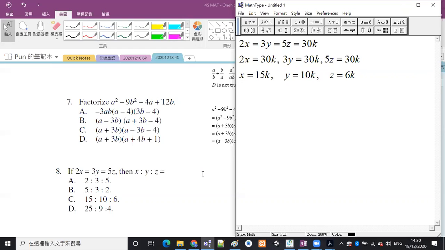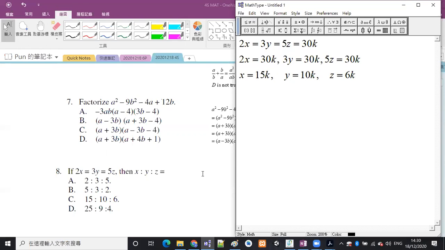Because the question wants us to find the ratio of x to y to z, we need a common language between x and y and z. And now, each of them is represented in terms of k. Okay? So they have a common language to describe the values of x, y, and z.